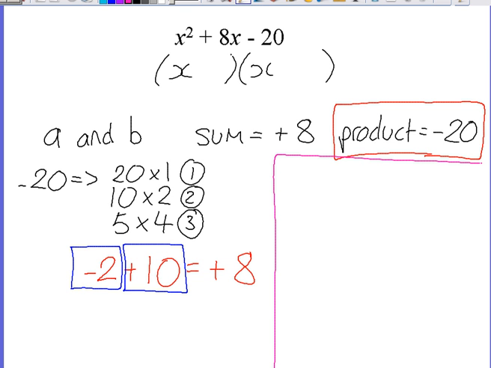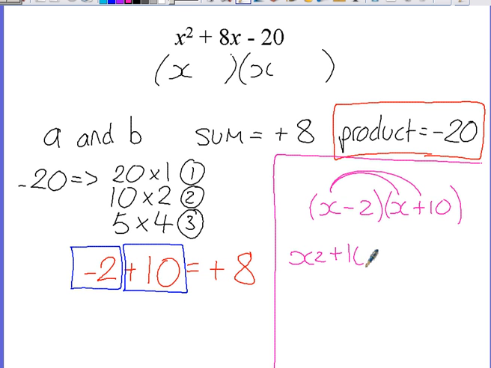So I like using the crescent moon method. So x minus 2, x plus 10. So that gives me x squared plus 10x minus 2x minus 20.